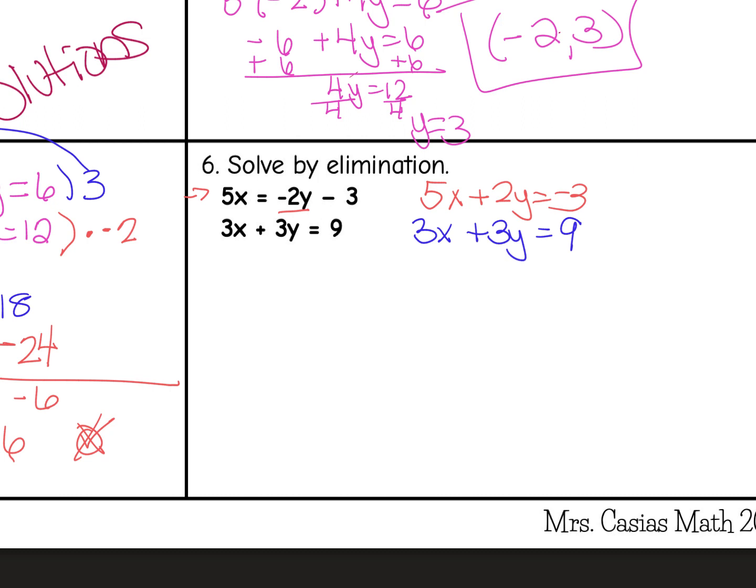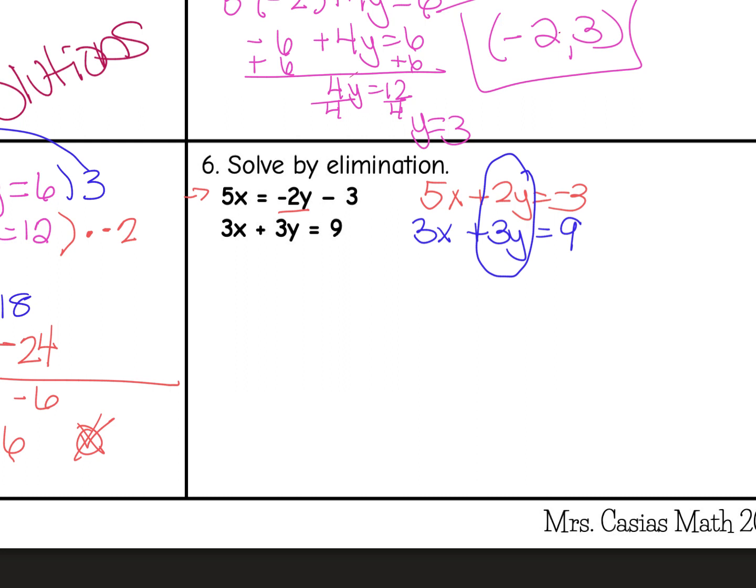Now that I have them in the same order, I need to take a look and decide, well, which variable am I going to look at eliminating? And I think that where I personally am going to start is I'm going to look at my y's. Okay, what do I need to multiply one or both equations by in order to create a matching coefficient with opposite signs? And I'm going to start with my y's.